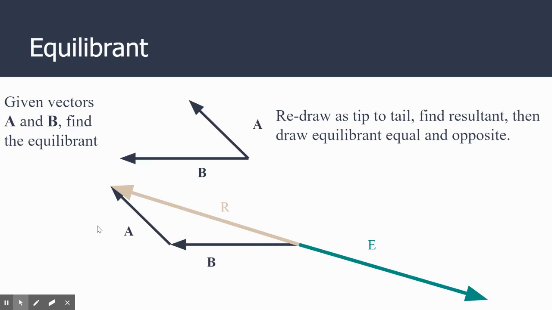So an object is in equilibrium. When you're dealing with forces, it refers to mechanical equilibrium, meaning that everything's balanced and it's basically not moving, right? Relative to where the forces are coming from, that is. So that's an equilibrant.